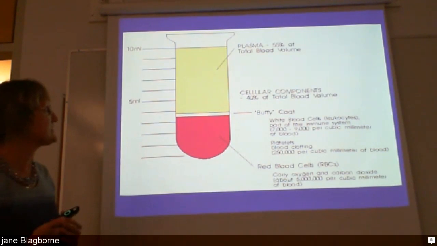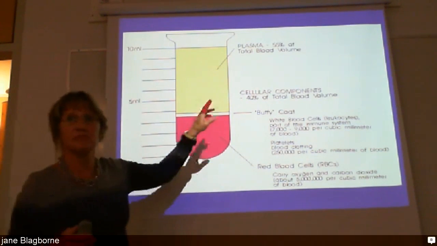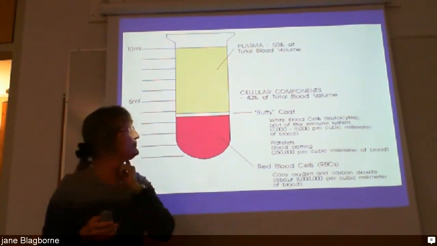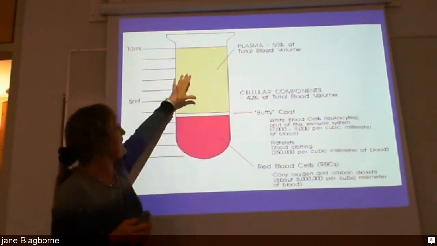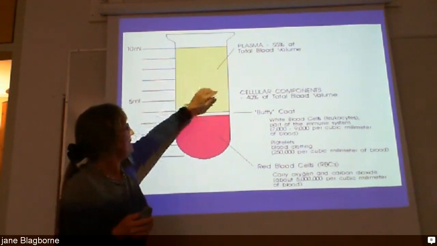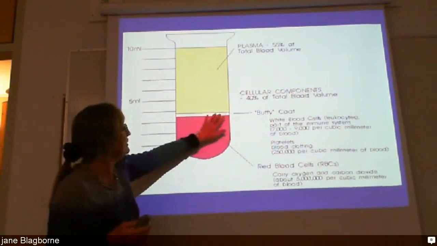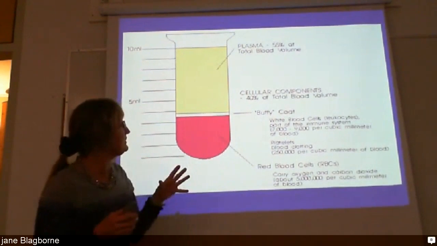That's really the only percentage that you're required to remember. And this just breaks it down to plasma and the white blood cells, this teeny little strip in here, and then the red blood cells make up the rest of the blood.